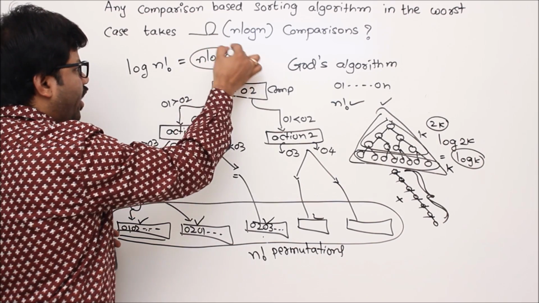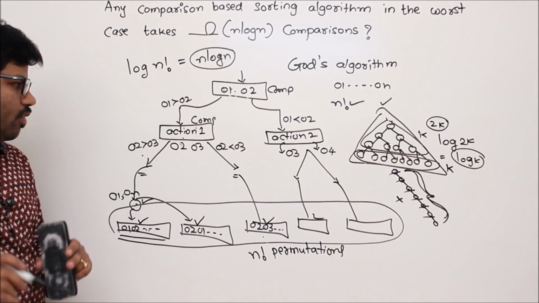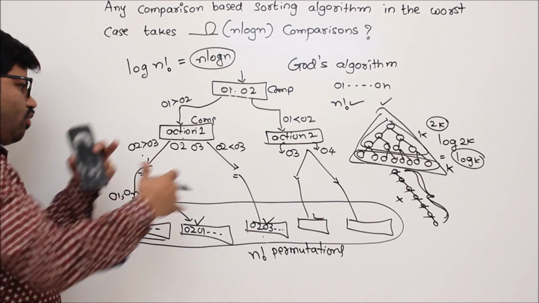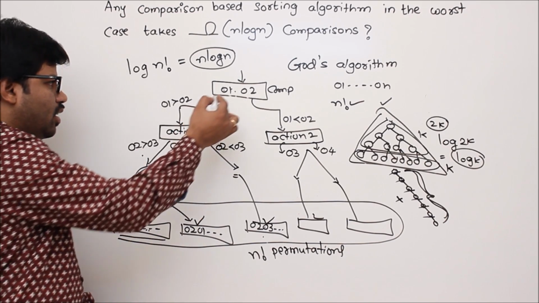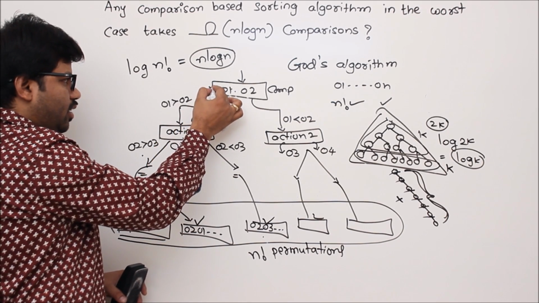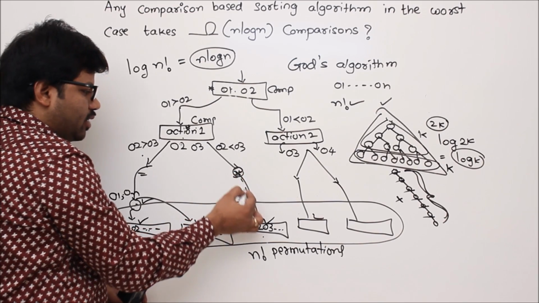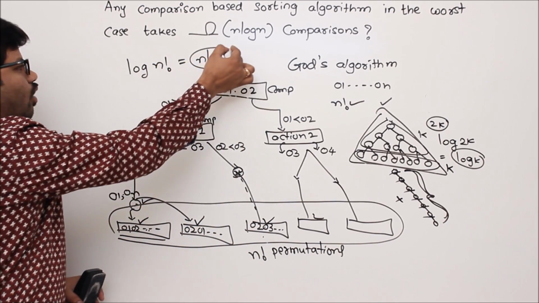How this n log n is related to our lower bound, I will tell you. Now, if this is your algorithm's running behavior or flow, then in the worst case, what happens? We have to calculate the number of comparisons. One comparison here, then in the next level one more comparison, and in the next level one more. But we know that the height of the tree is n log n.